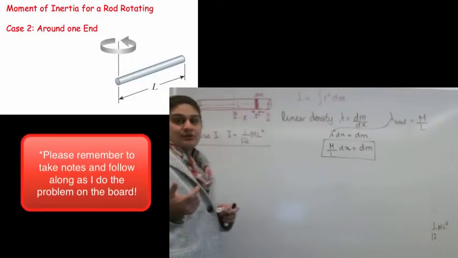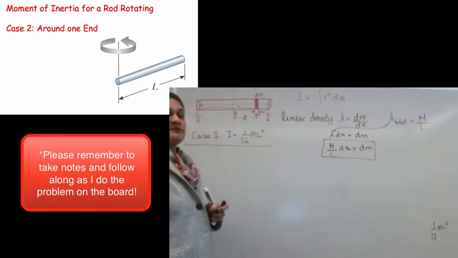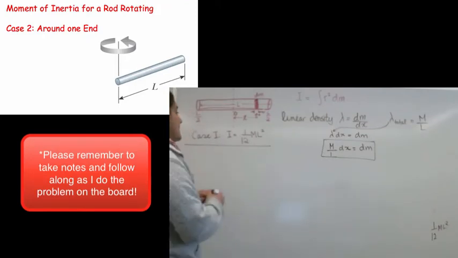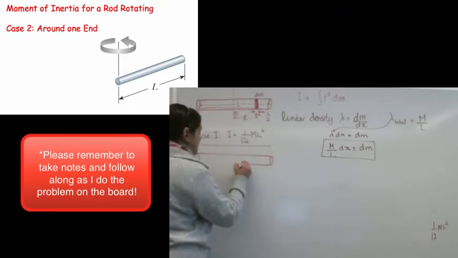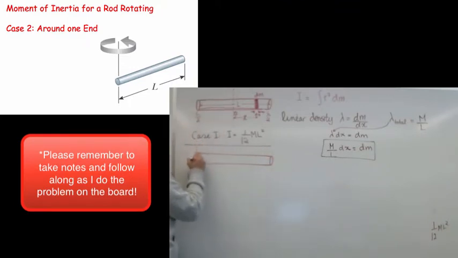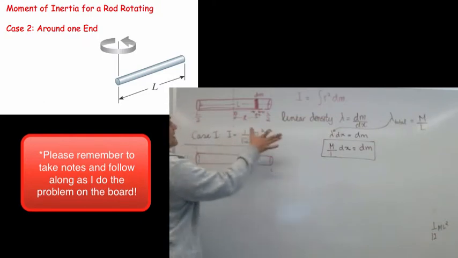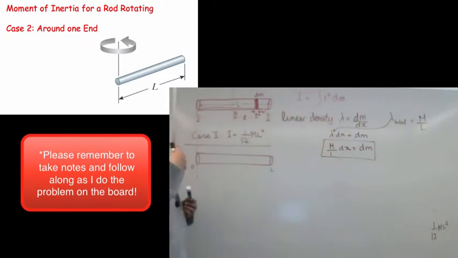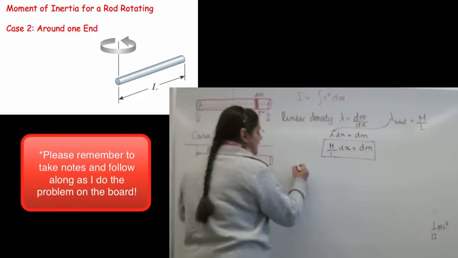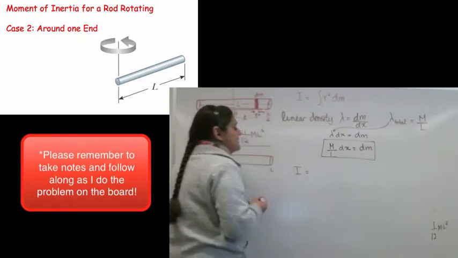So case 2, now it talks about the moment of inertia of a rod around one edge. So same rod, if I find the moment of inertia around one edge, that means I can put my 0 in here, and I can put my L in there. That means that my values are going to change slightly. This exact same formula will remain the same, but my I will be slightly different.